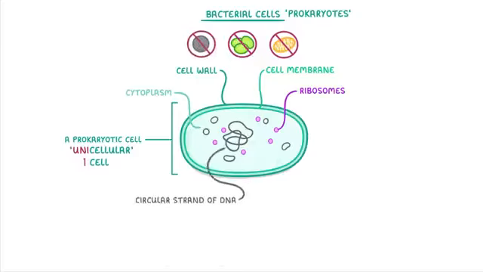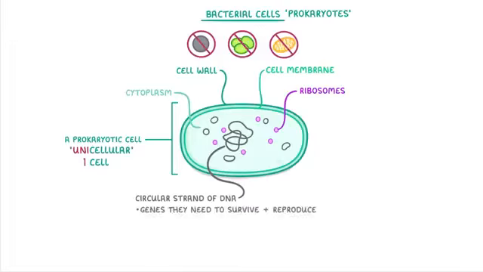Instead, they have a single circular strand of DNA that's free to float around the cytoplasm, and that contains all the genes that they need to survive and reproduce. You might also see this labeled the circular chromosome, or nucleoid, but they all mean basically the same thing. It's just a big loop of DNA. Some bacteria also have additional small rings of DNA called plasmids.